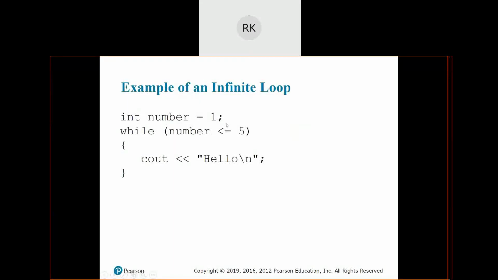This one is also an infinite loop. You see, int number equal to 1 and while number, which is 1, 1 is less than or equal to 5, yes, then display hello. After that the number is not incremented.